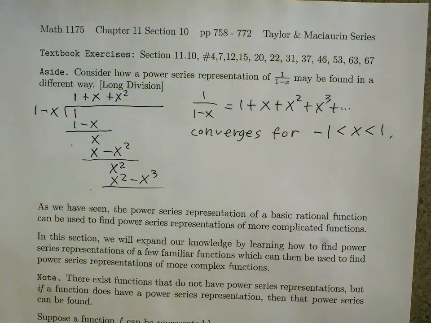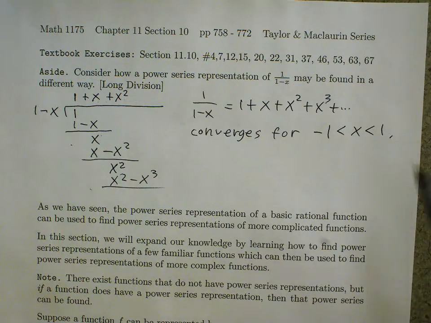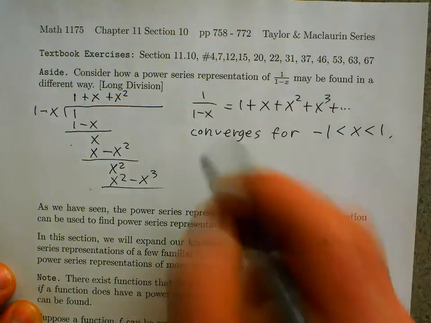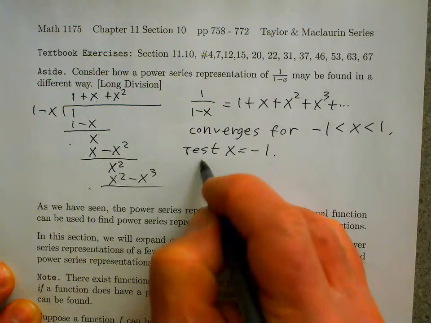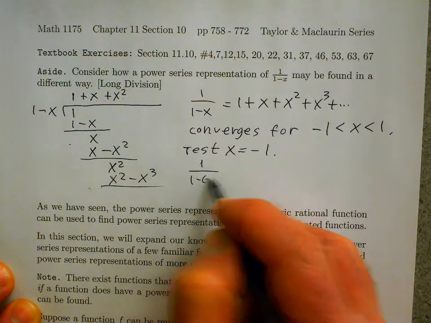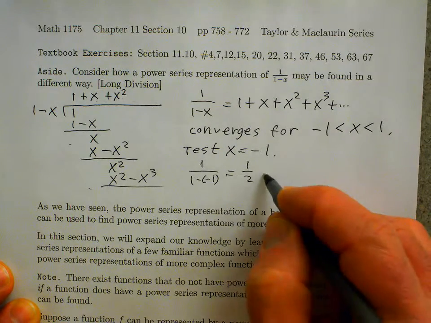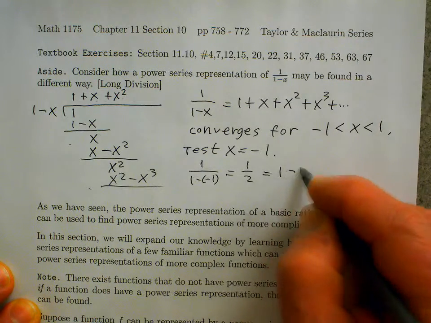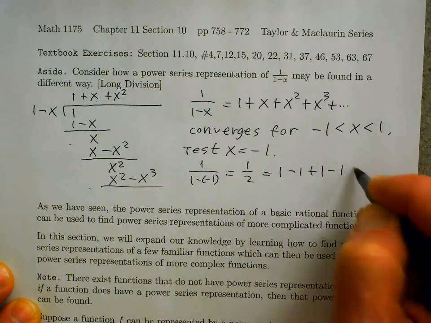If you're curious about other values, well, if x is 1, we get 1 divided by 0, which is undefined, so that's clearly not going to work. The other endpoint, negative 1: if you test x equals negative 1, then 1 over 1 minus negative 1 is 1 over 1 plus 1, or 1/2. And then replace every x with negative 1. We get 1 minus 1, and then negative 1 squared is positive 1, and so on.